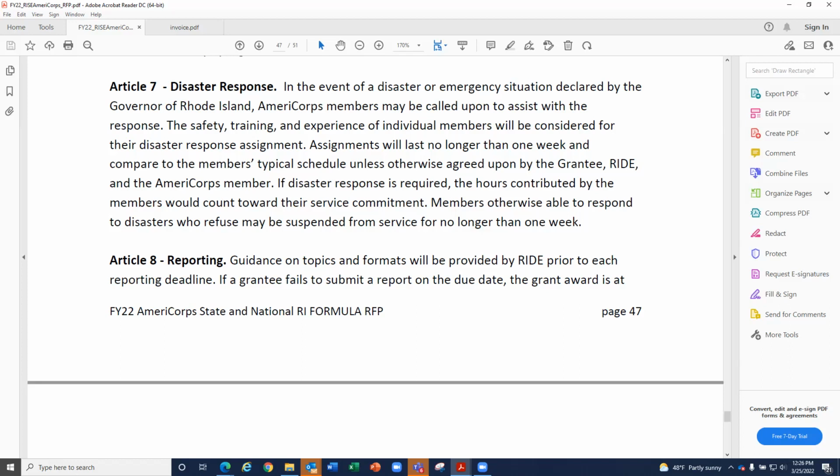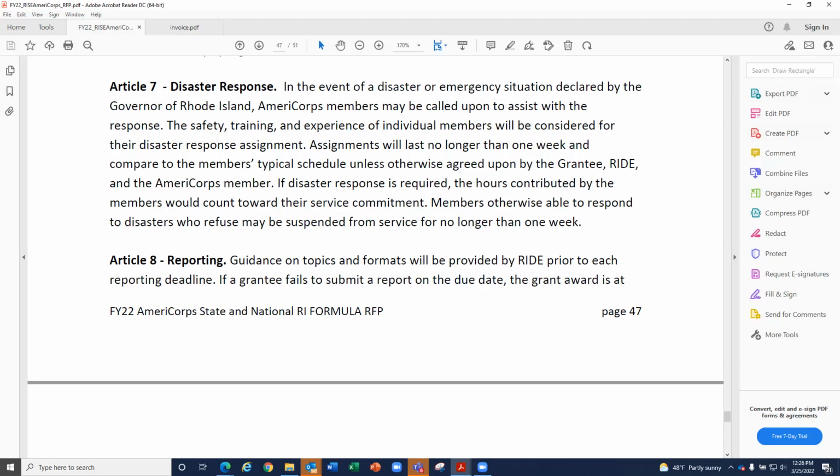And there are some limitations. We wouldn't do anything that you or the Americorps member wouldn't agree on, but Americorps members can be invited to temporarily leave their specific service role that you've designed for them and help out in the case of an extreme emergency.